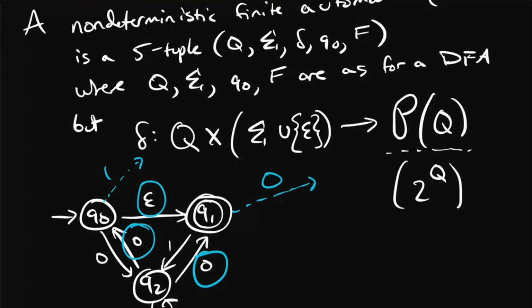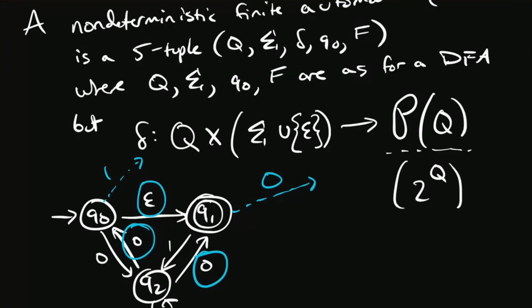So scripty P, all it means is that that's just all possible subsets of the set of states there, and we can go to any one of them we want. Whereas with a DFA, we just pick one state that we can go to. Here, we pick one set of states we can go to.